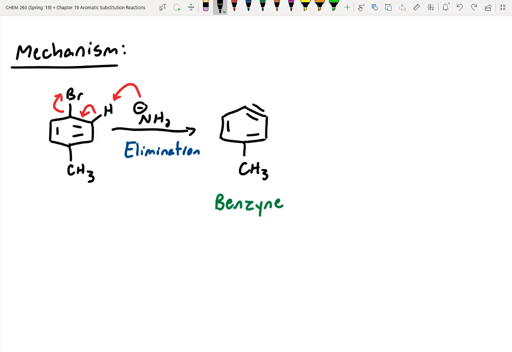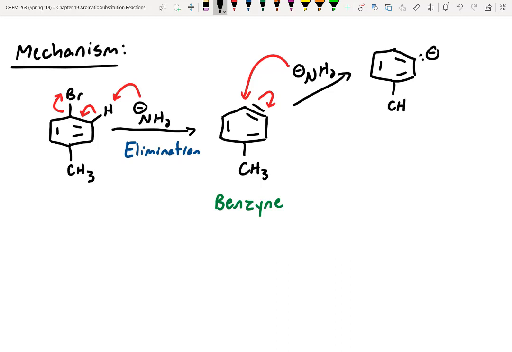So in the next step, we have more amide floating around. So this has the option of attacking right here and kicking electrons up. Or it doesn't really have a strong preference on which side of the alkyne it'll attack. It could theoretically attack this carbon too, right?